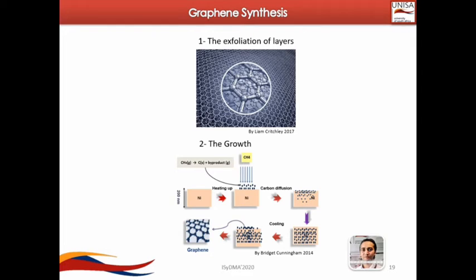This needs strong oxidants, of course, to separate the layers, and there is also a process of reducing the functional oxygen groups from the surface of graphene. The second one is simply CVD, which consists of using a gas, for example an alcohol or any source of carbon, to produce carbon atoms which are then deposited on top of a substrate.